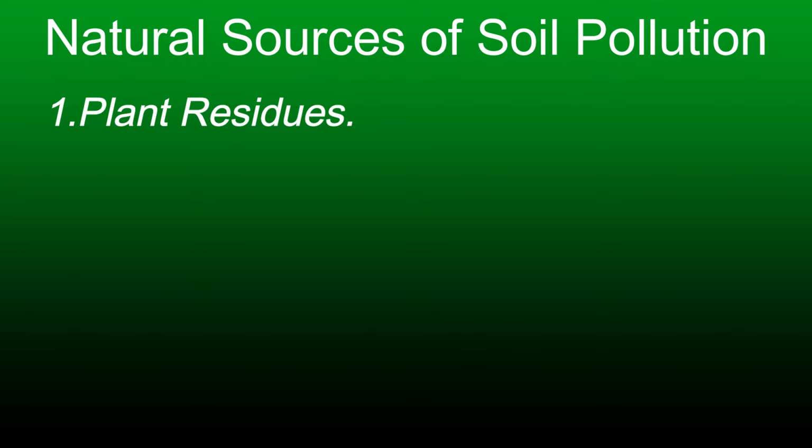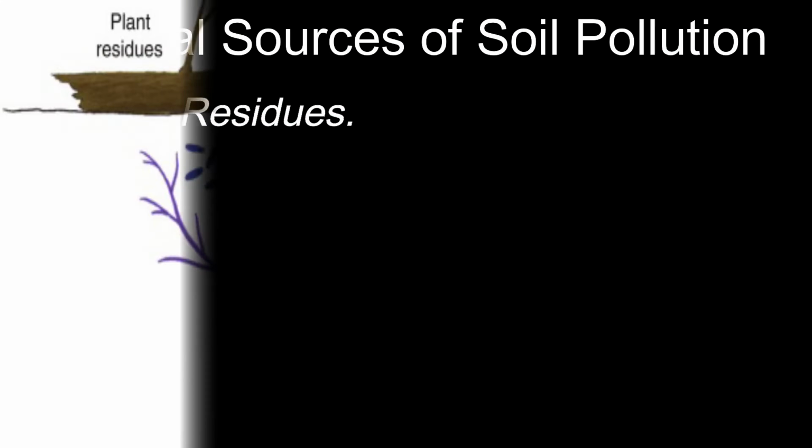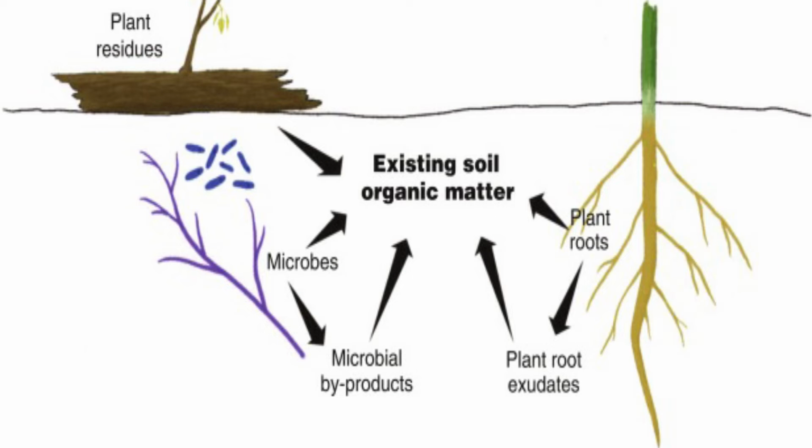These on death and decay cause soil pollution. Naturally occurring or man-made forest fires and crops add unwanted organic matter to the soil and destroy soil microflora, which create unfavorable conditions leading to pollution.